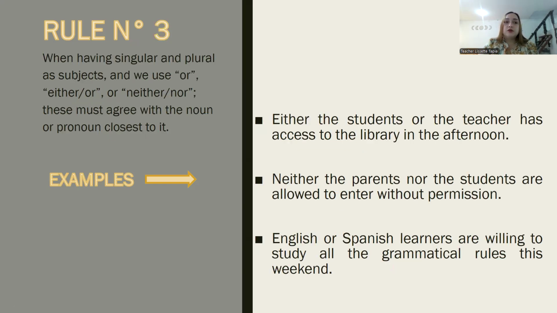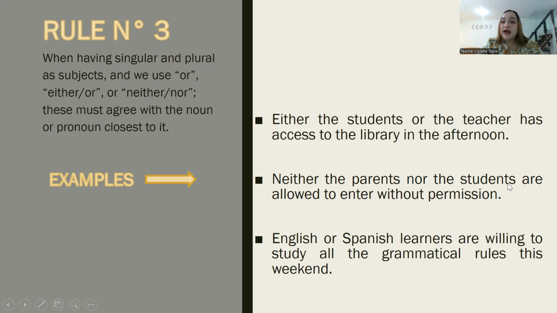Rule number 3 tells us that when we have singular and plural subjects and we use or, either or, neither nor, the verb must agree with the noun or pronoun closest to it. Here I have 3 examples again. I am going to start with example number 2: neither the parents nor the students are allowed to enter without permission.